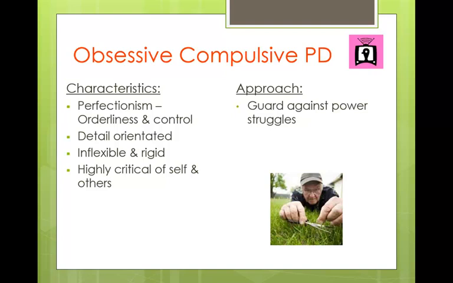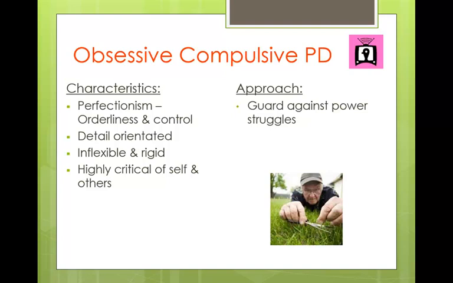And our last one here is obsessive compulsive personality disorder. The first thing that I want to point out to you is that obsessive compulsive personality disorder is different than obsessive compulsive disorder, okay? And the difference is that with obsessive compulsive personality disorder, these people don't think there is anything wrong with how they behave.